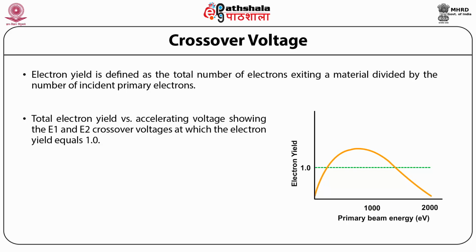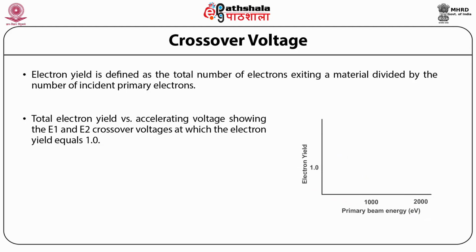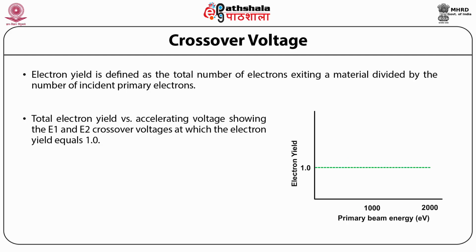E1 is too small to be measured with existing low voltage SEM technology. However, E2 ranges from 500 electron volt to 3.5 kiloelectron volt for most insulators.